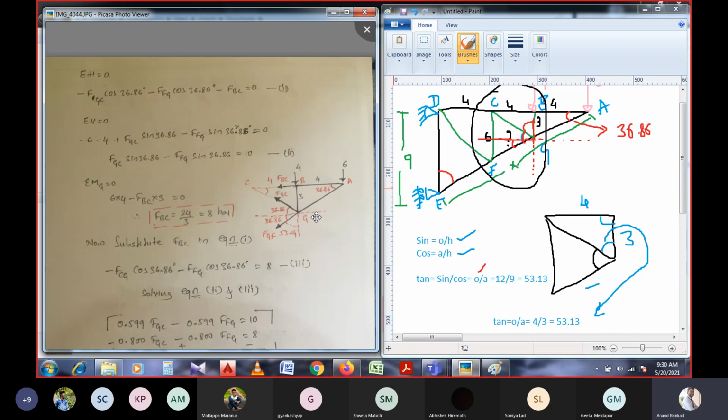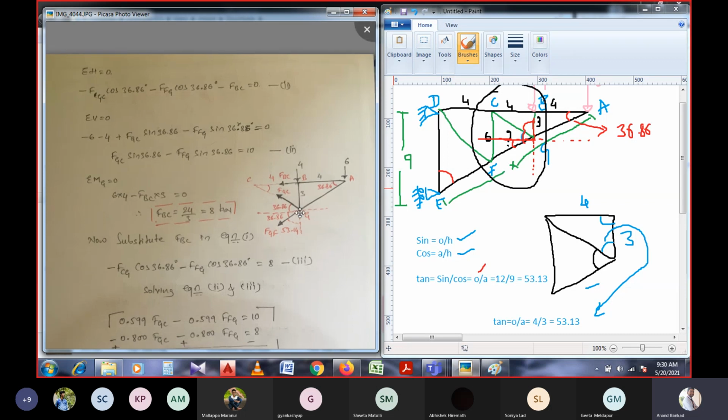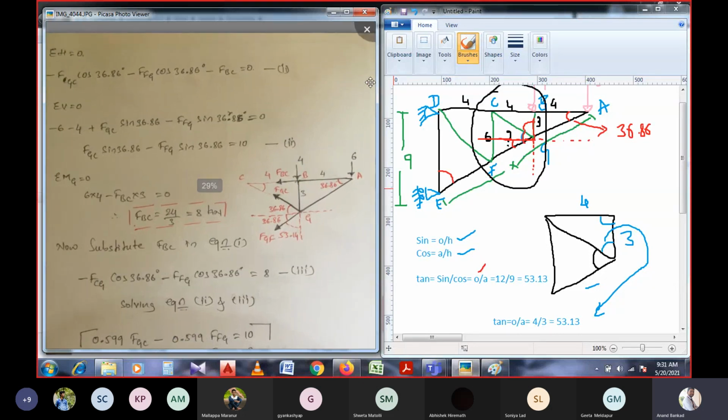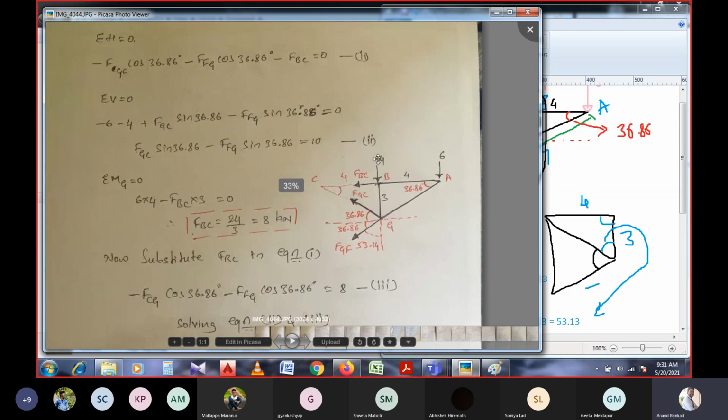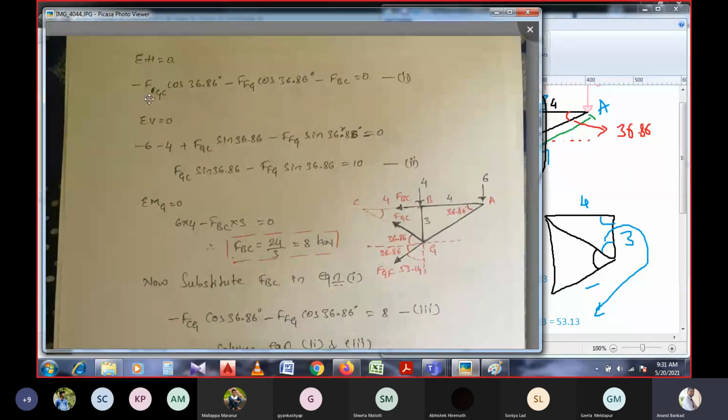If you solve both the left hand side and right hand side, by referring to those, it is easy to calculate by taking the right hand side of the section. So for the total horizontal forces in the considered section, FGC, I hope it is clear. Here FGC is considered for the horizontal force.